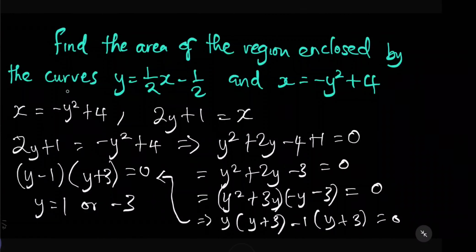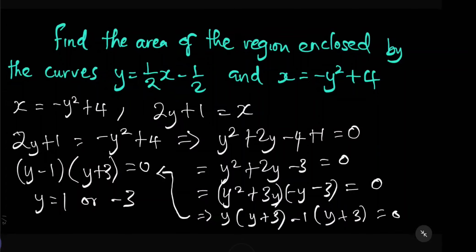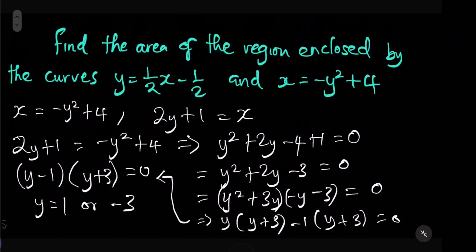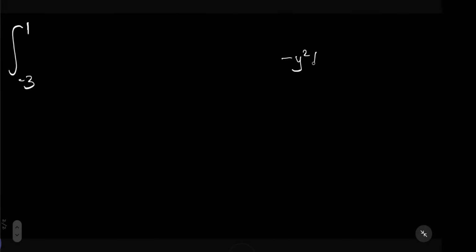Before that, since these are intersection points or boundary points in y, we are going to substitute 0 for y in these expressions to find which expression would actually be bigger. Whatever expression is numerically larger when y is 0 would be the first expression we write here. So we have minus y squared plus 4, which when y is 0 would be 4.